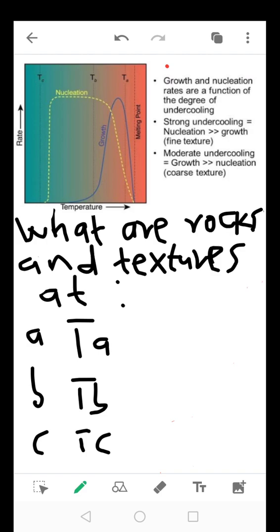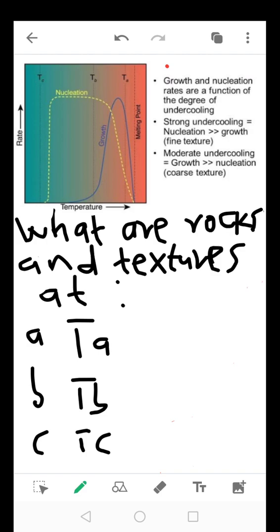So strong undercooling means nucleation will be greater than growth, and then we will have a fine texture. Then moderate undercooling will result in growth that is greater than nucleation, so coarse grained.